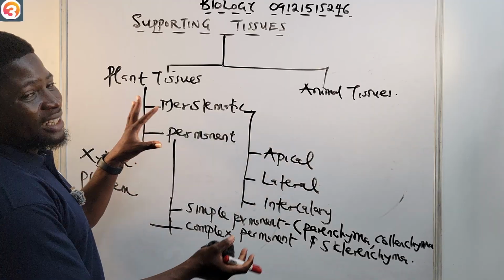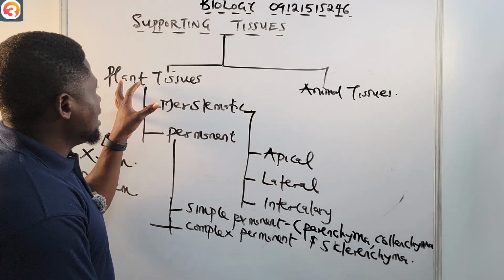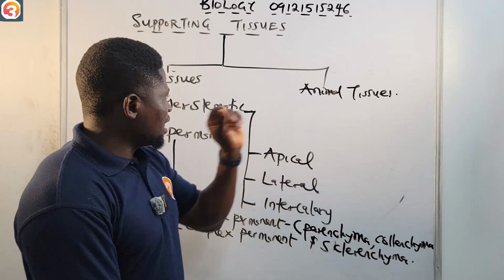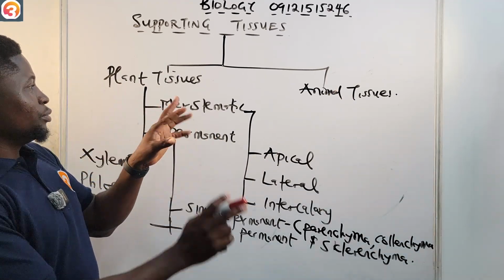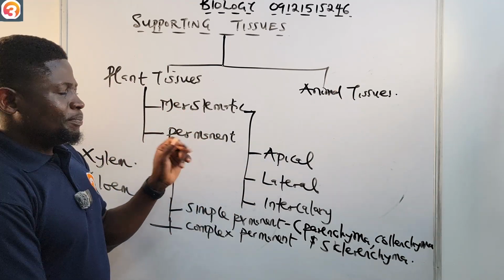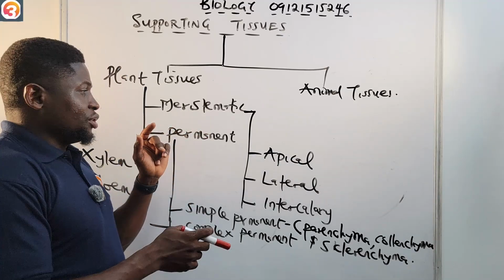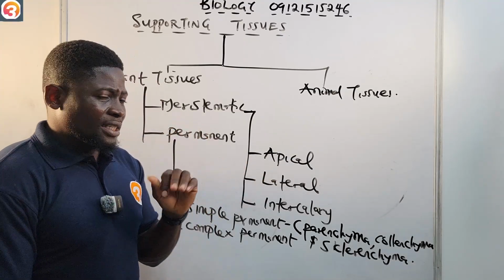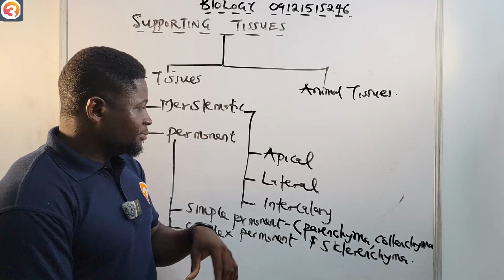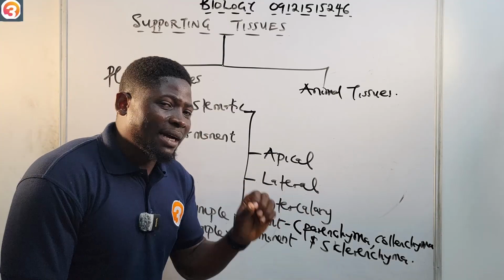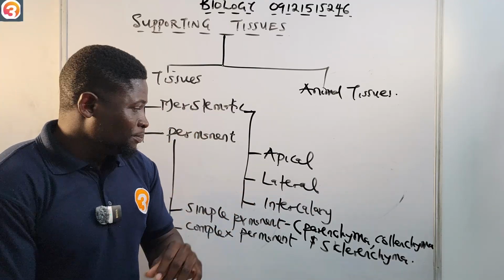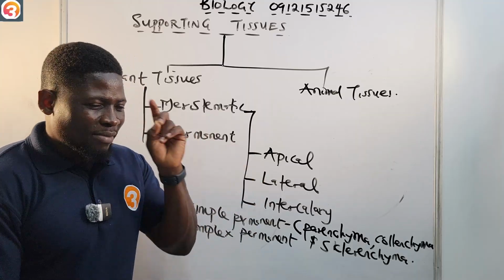So we say tissues are divided into two: plant tissues and animal tissues. Plant tissues are divided into two: the meristematic tissues and the permanent tissues. There are three types of meristematic tissues: the apical meristematic tissues or apical meristem, the lateral meristematic tissues or lateral meristem, and the intercalary meristem.